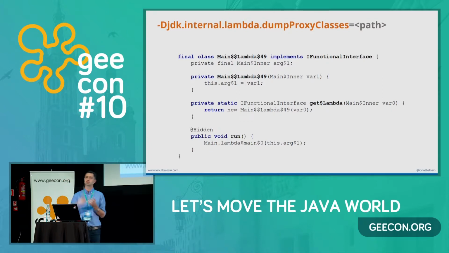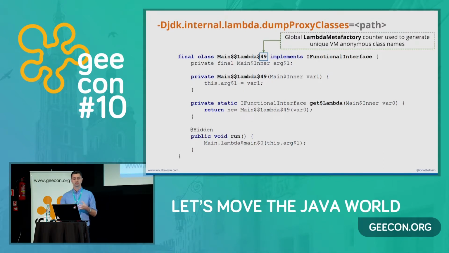However, if you start a JVM with verbose class, you will see in the printouts a lot of such VM anonymous classes automatically generated on the spot. What does the 49 mean? This is the naming convention: it starts with the enclosing scope, because the main is the outer class, then $$Lambda$, and then 49.